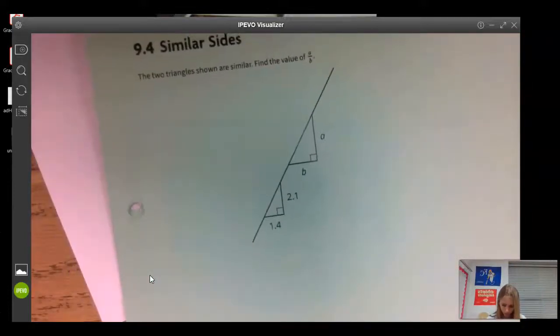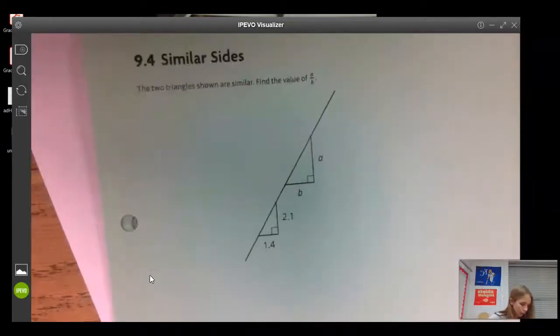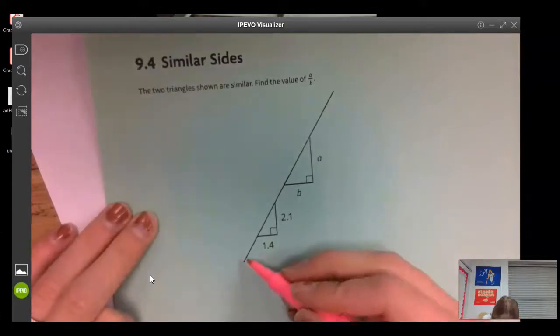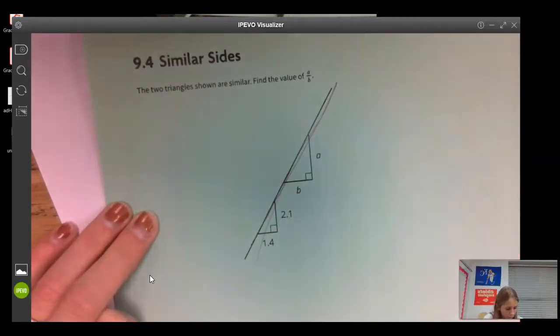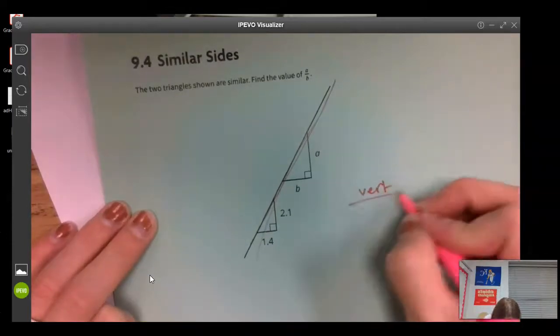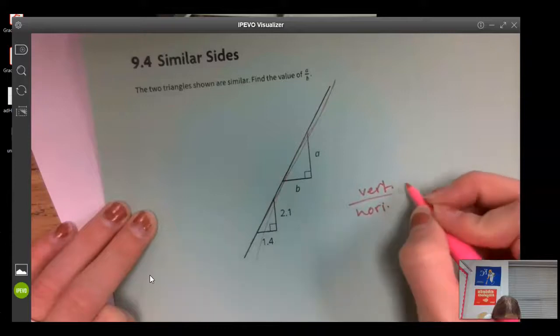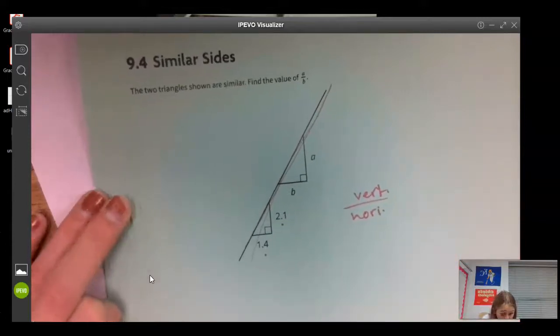Okay, so these triangles are similar. Let's find the value of AB. Alright, so we need to have our slope, because if we know our slope, then we can set these equal to that. So our slope is vertical over horizontal. So I'm going to use the vertical and horizontal distance that they have given me.